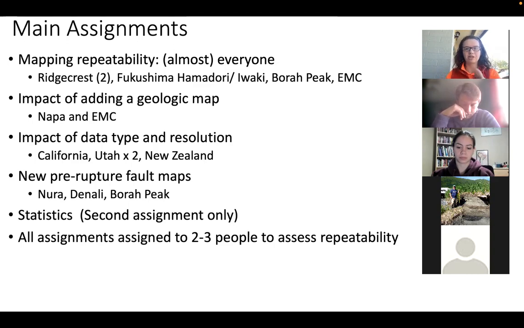For each section, there's a couple kilometers of fault length that we would like you to map using the GIR, using the fault shapefile that we've given you. Our goal for this part of the assignment is to see how repeatable or how similar all of your maps are relative to each other.